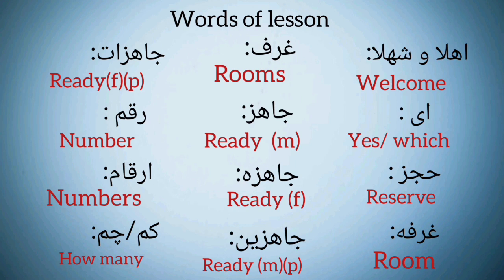We cannot say هي جاهز. We have to say هي جاهزة. She is ready. جاهزين means ready. This one is for plural masculine. And جاهزات is for plural feminine.